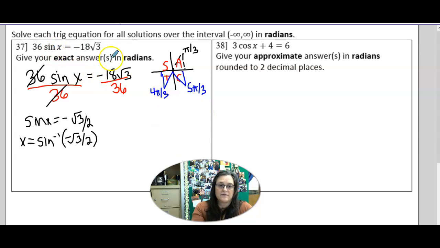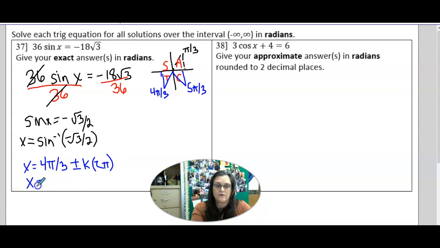And the period of sine is 2 pi. So we'll need two expressions to represent all of the solutions. So x equals 4 pi over 3 plus or minus k times the period, 2 pi.